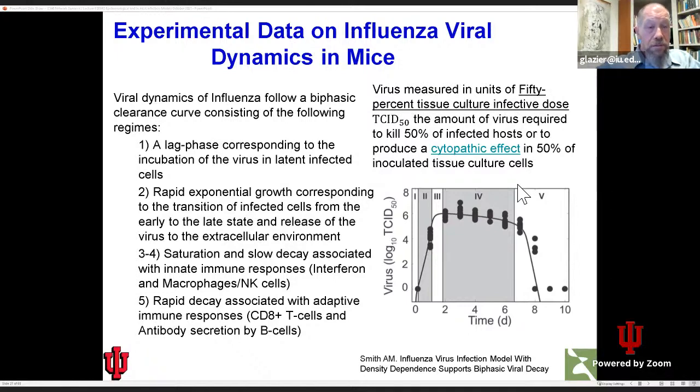An easier way to do the measurement is to do qPCR, quantitative PCR, which looks at the RNA or DNA of the virus. And again, the problem is that you have a lot more viral genome than you actually have viral particles, and the genome by itself can't infect.